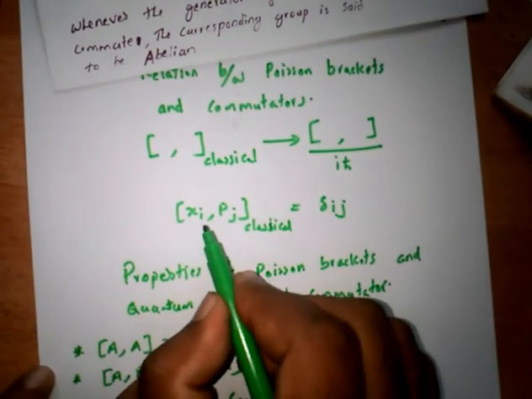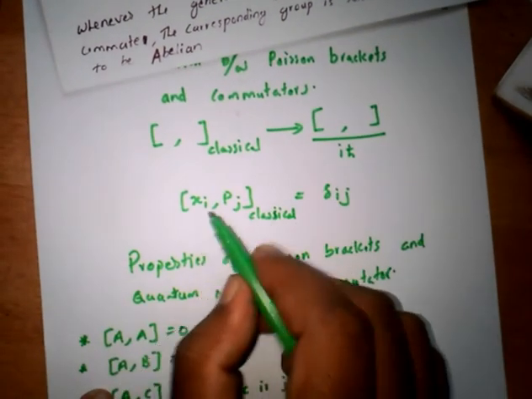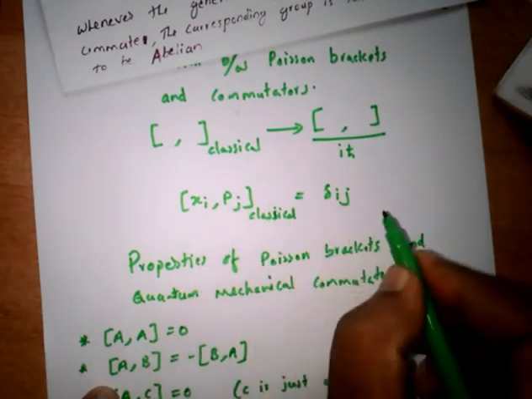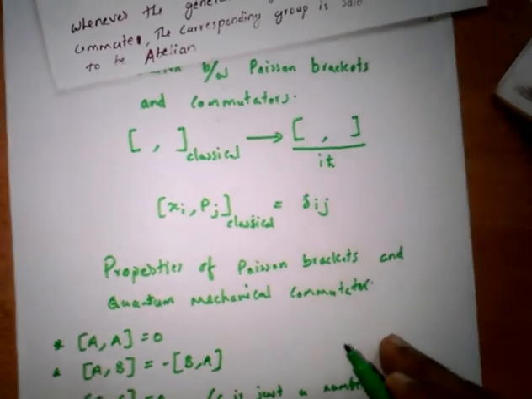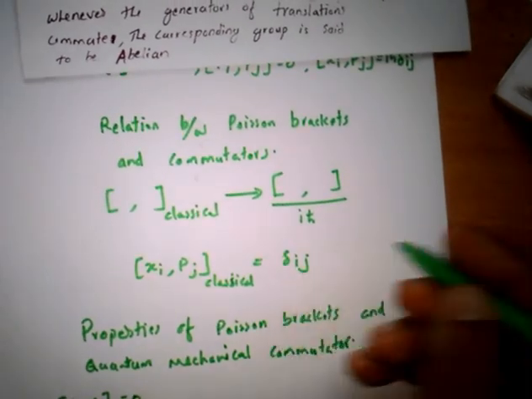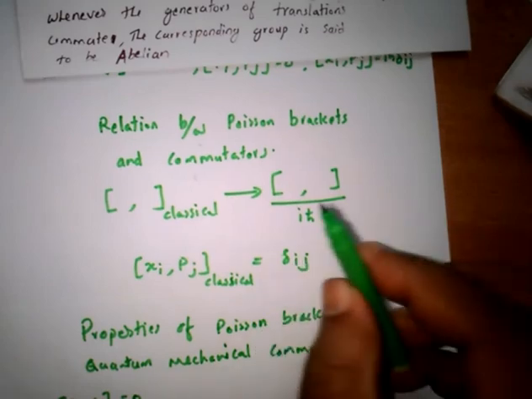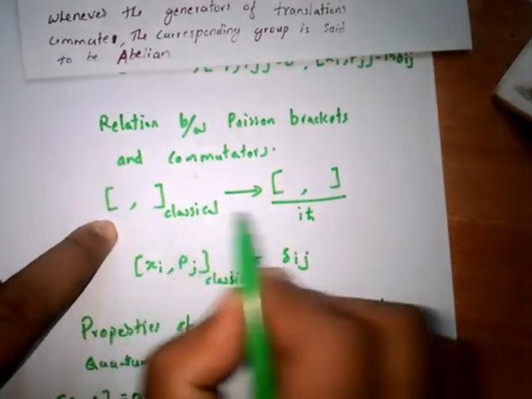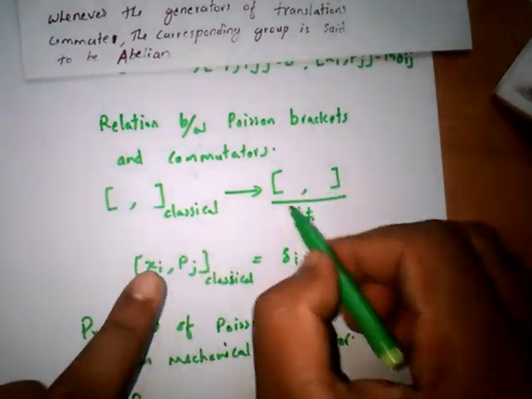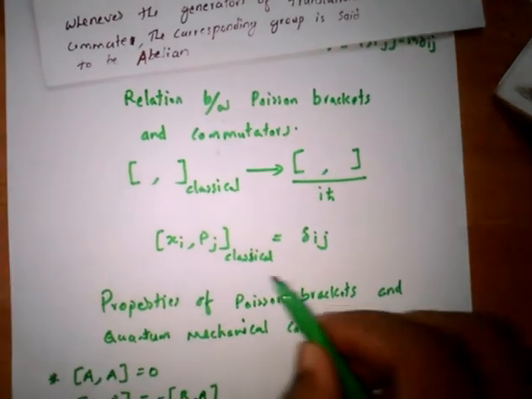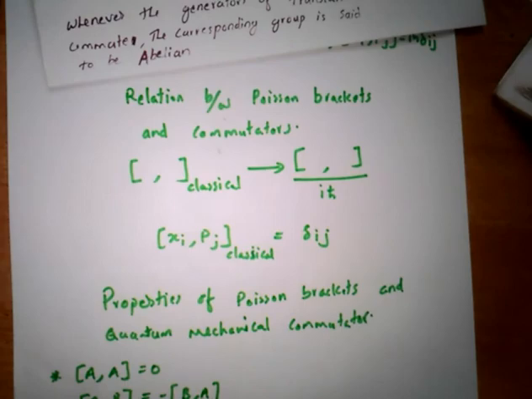If you take the Poisson bracket of position and momentum xi pj, that is equal to delta ij. That means in quantum mechanics this is equal to i h cross delta ij. So the Poisson bracket in classical mechanics equals the commutator of position and momentum divided by i h cross.